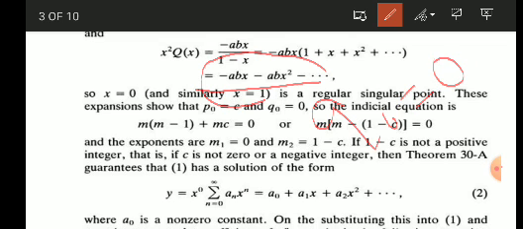In the same manner, x square into q of x, that equal to minus abx square plus etc. Here there is no constant, that means q naught equal to 0.